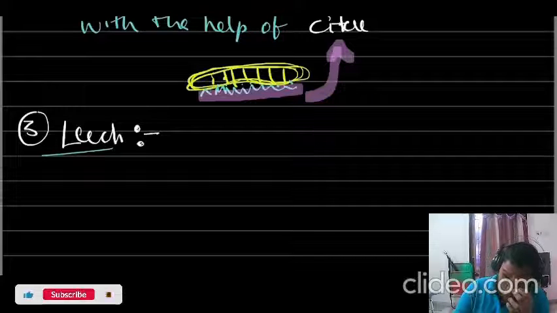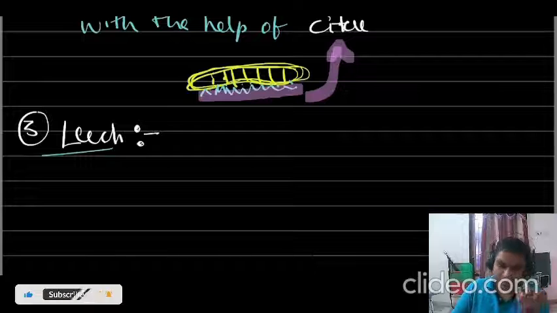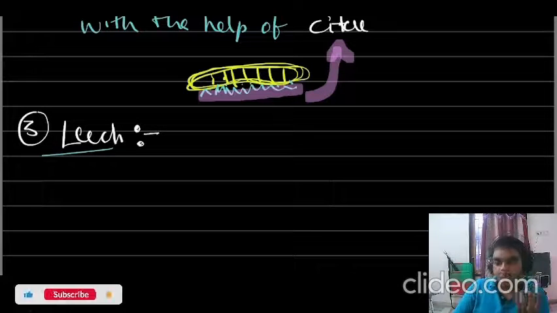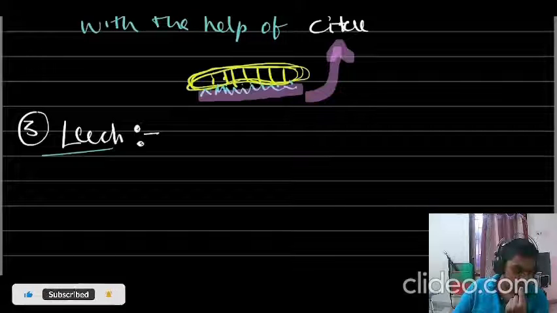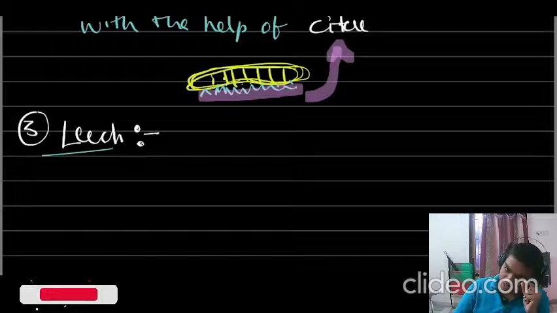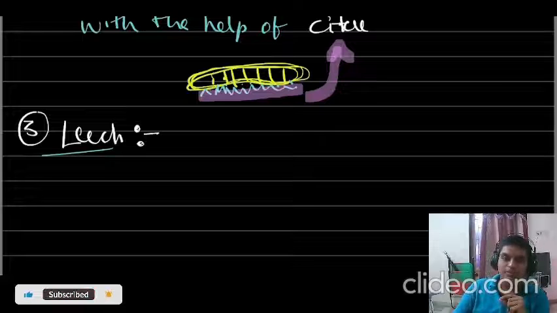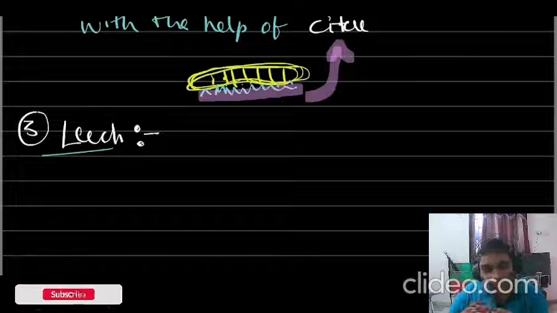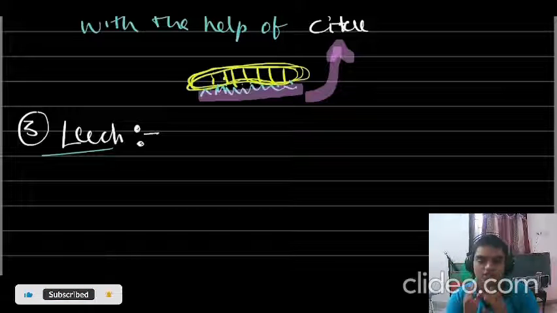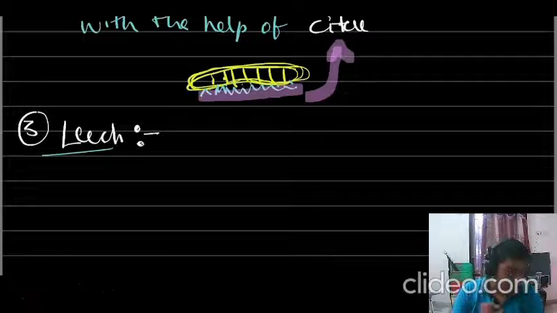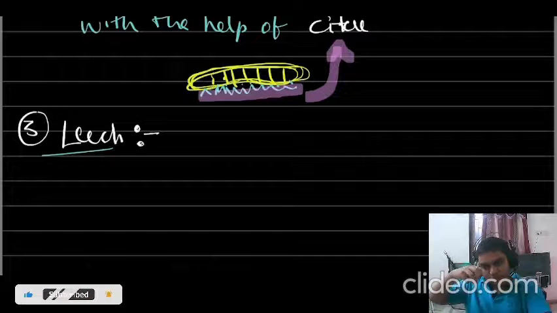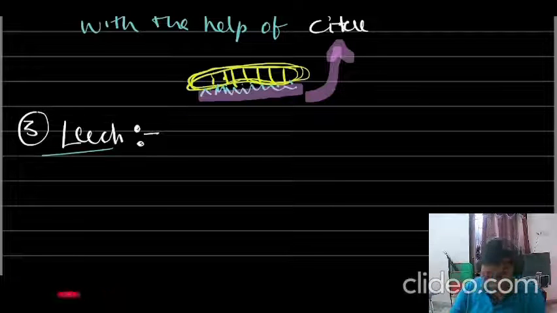Leech is another organism which is generally a parasite. This leech feeds on the blood of human beings. It moves through muscles, which means muscle processes, not the form of muscles which we have, with the help of muscle processes as well as the suckers. It is having suckers. Okay.